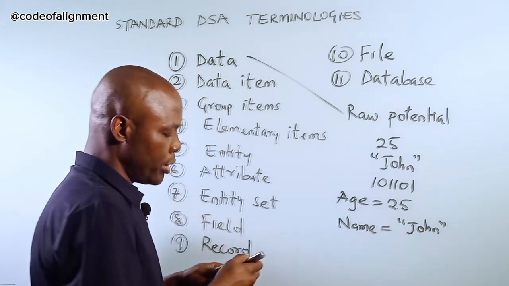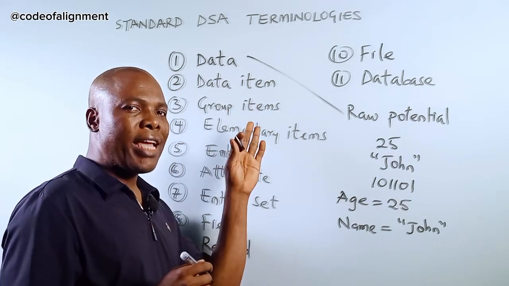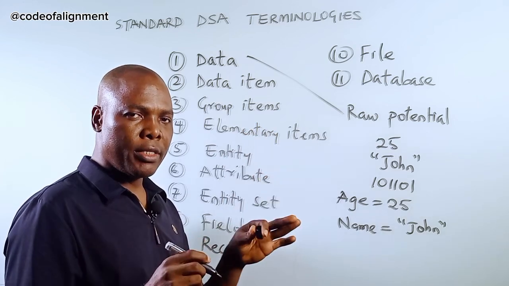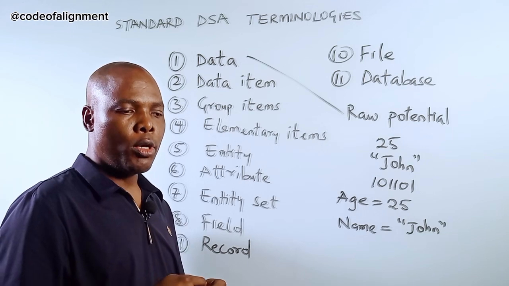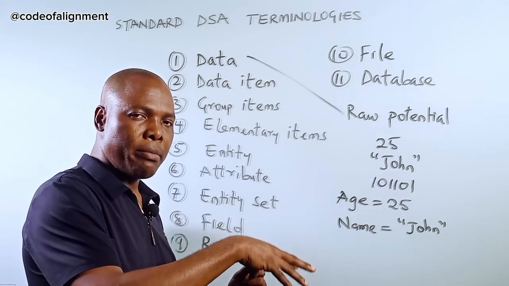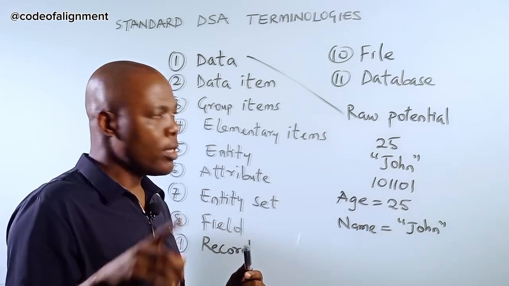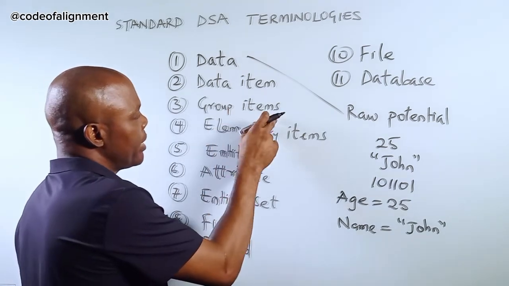Now we know what John is. That is data item. So data item is the smallest meaningful piece in a context. Like they say, context matters, because what it means in a particular context might not be the same in another context. So context really matters.